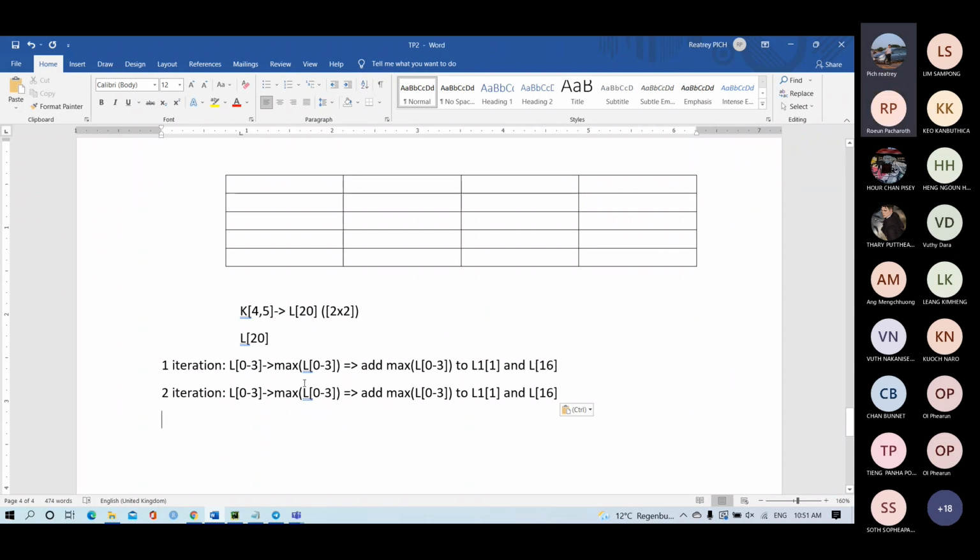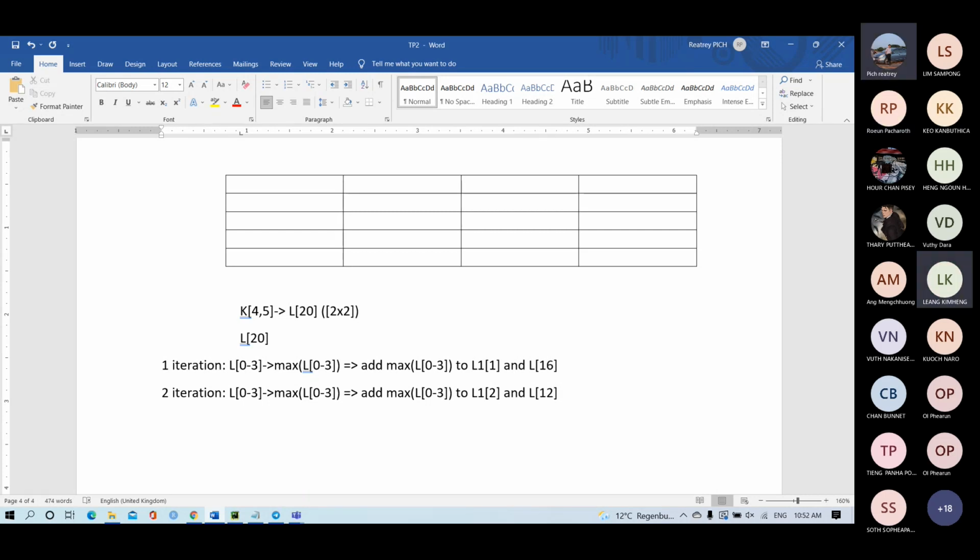Okay, so when we iterate the index, we pick up the same L0 to L3 and then take the maximum from L0 to L3, and then add that max value to the second index of L1. So in this case, how many do we still have left? 12.